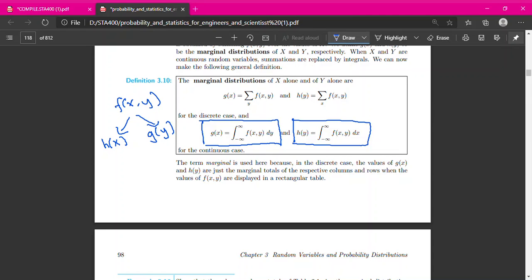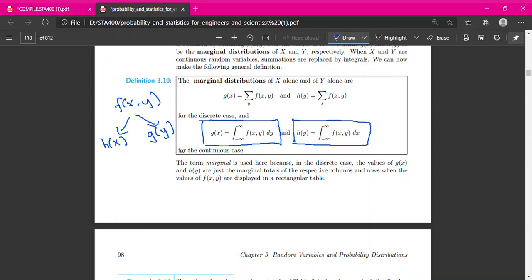So, how to get this? Okay, so untuk dapatkan marginal for x, you need to integrate the joint function fxy with respect to y. Kena integrate with respect to y. Daripada mana this limit, it depends on the interval for y. Okay, here pula marginal for y.